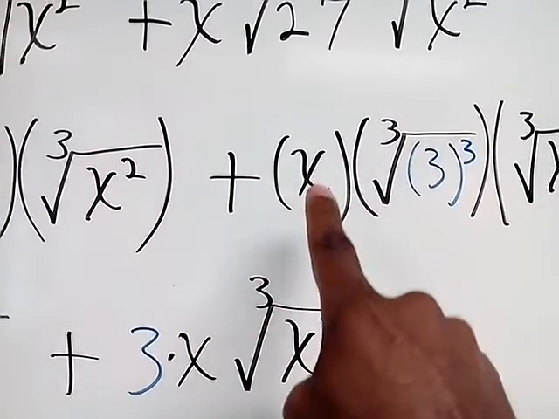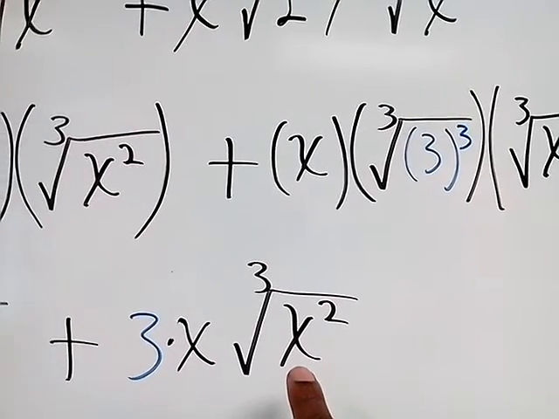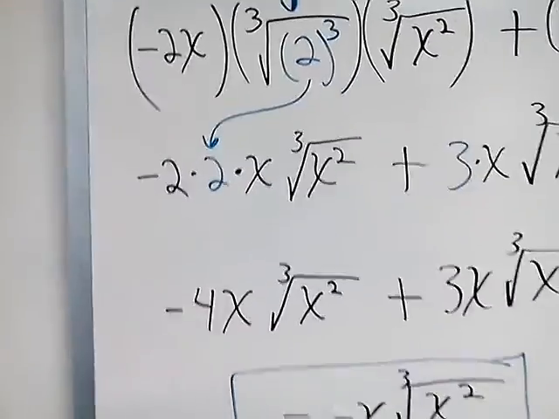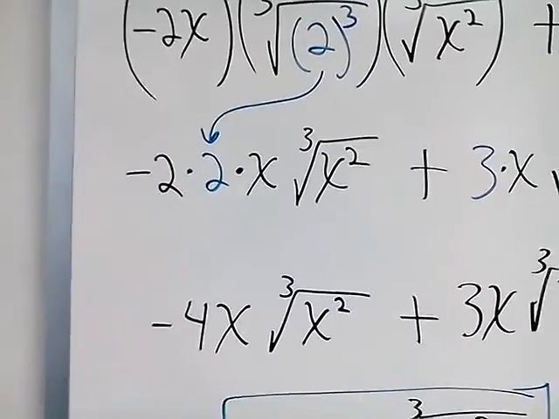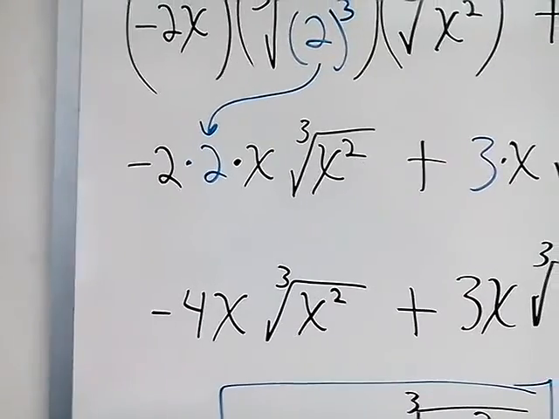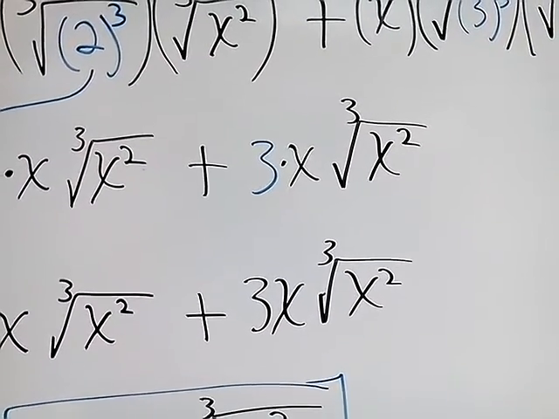So third root of x and third root of x squared. Simplifying it, we get negative 4x third root of x squared and 3x third root of x squared.